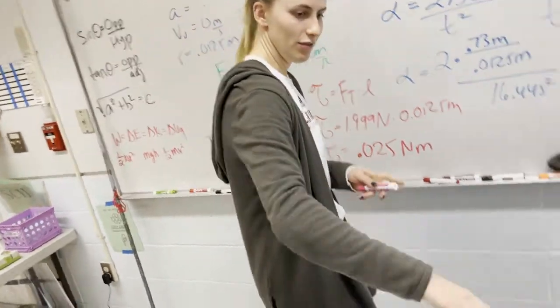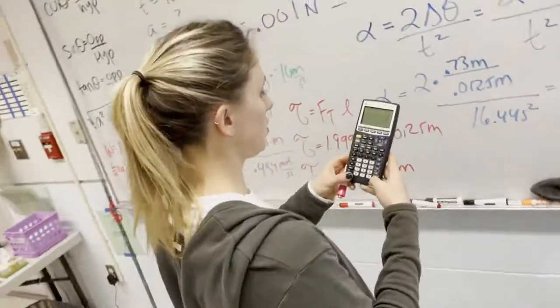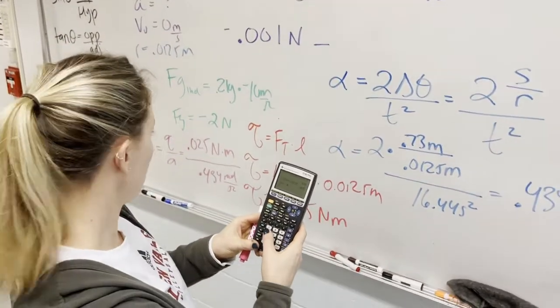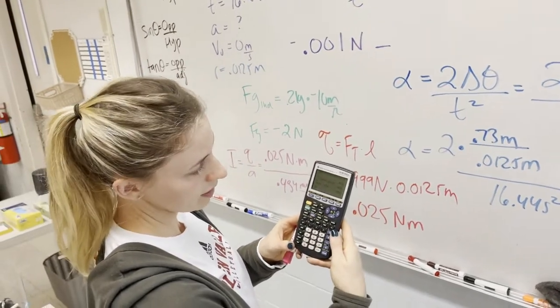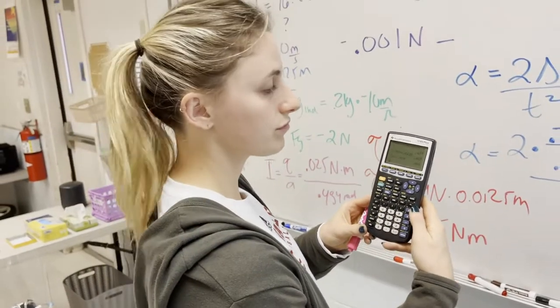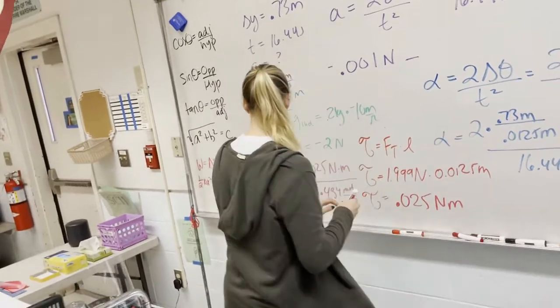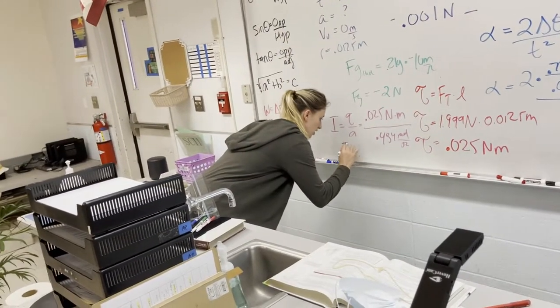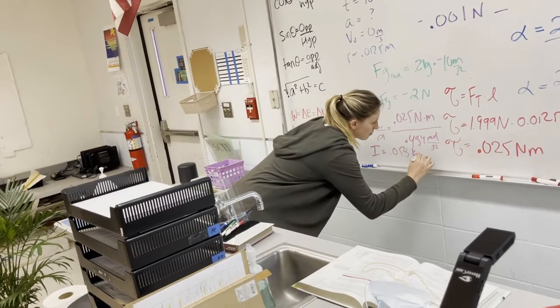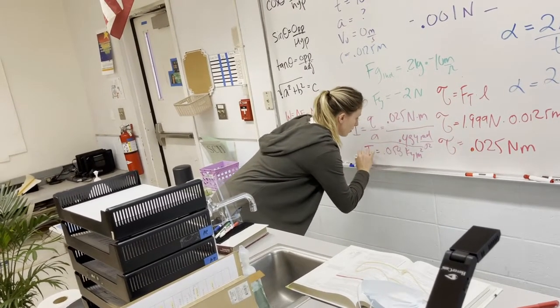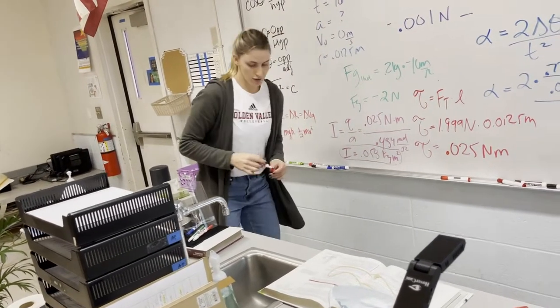Divide that, and I get 0.058. Is that what you got? Inertia equals 0.058 kilogram meters squared. So that is the moment of inertia for this.